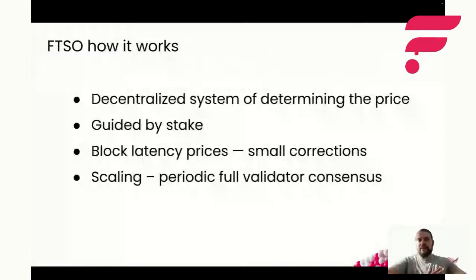But we guide the search for the correct price by stake and arrive at the middle point of what they think that is. So this gives us the so-called anchor price. Every 90 seconds, we source the whole data provider set, ask them what the price is, and this gives us a price for Bitcoin.